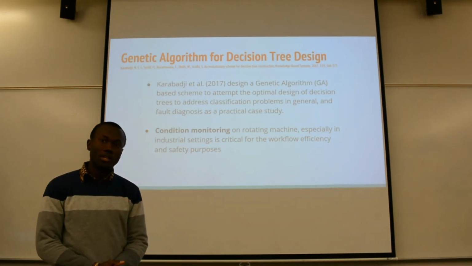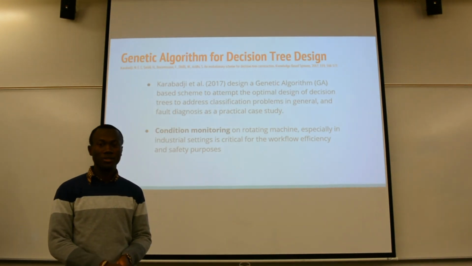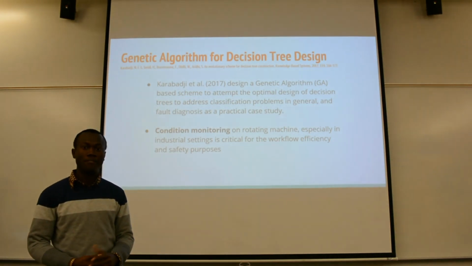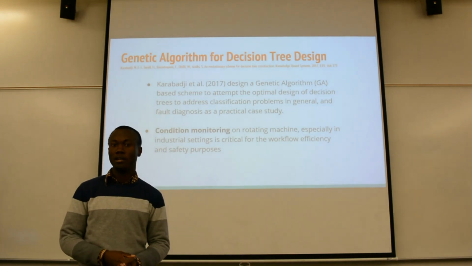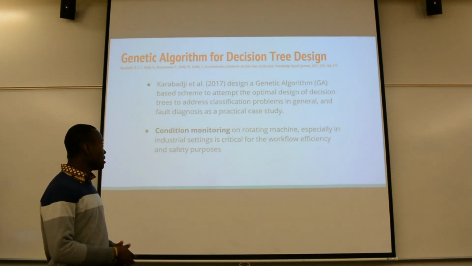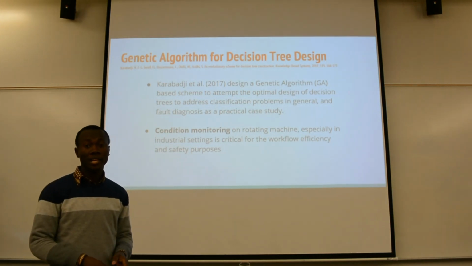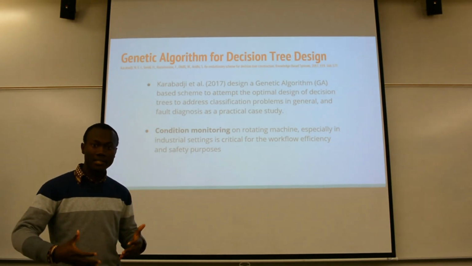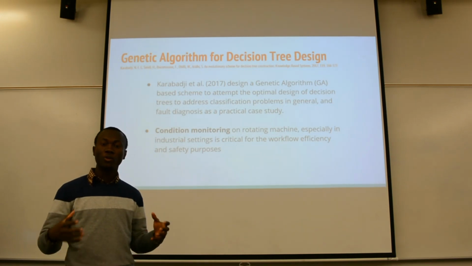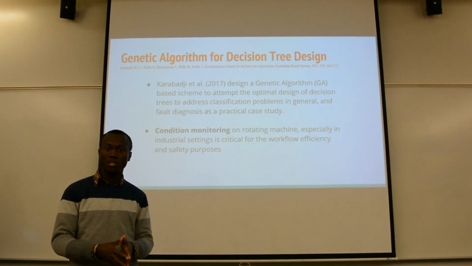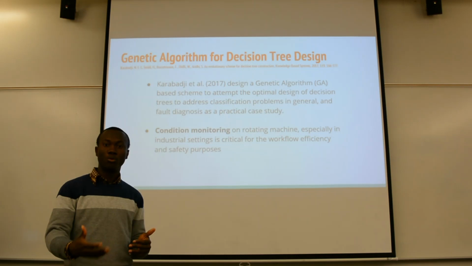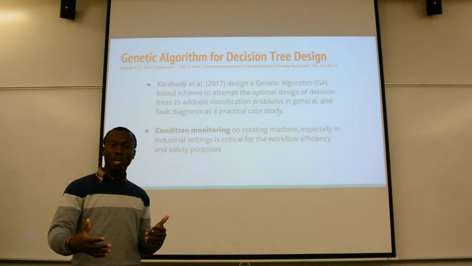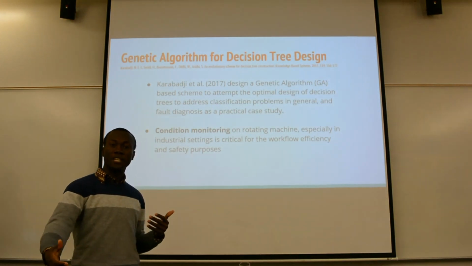Another approach to use in the design of decision trees is genetic algorithm. It's also an evolutionary algorithm as PSO. GA is population-based, and it is used in the second paper in order to design a decision tree, the optimal one, and including as many features as possible in order to prevent pruning and in order to prevent the tree to grow to an infinite level.